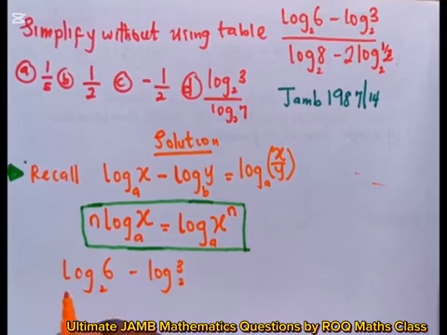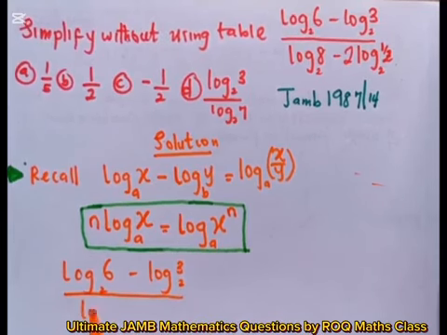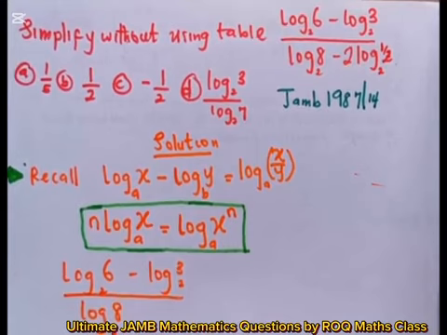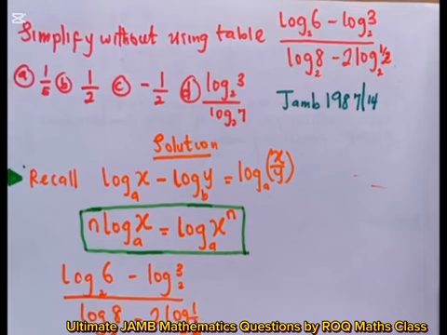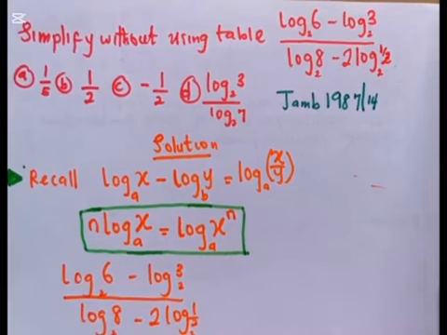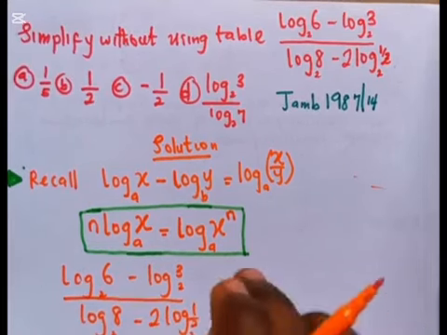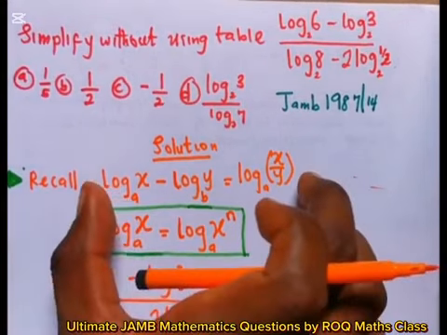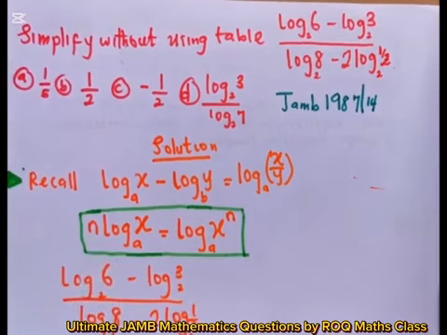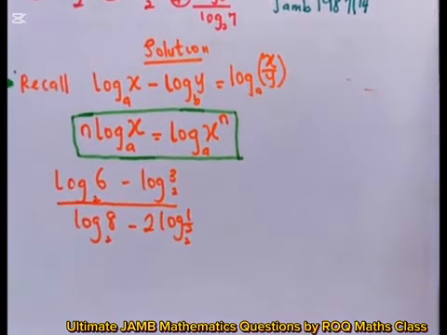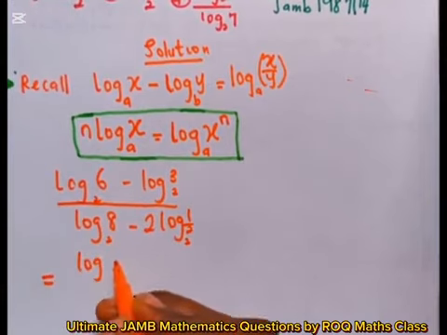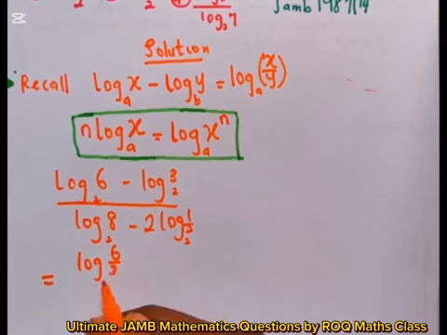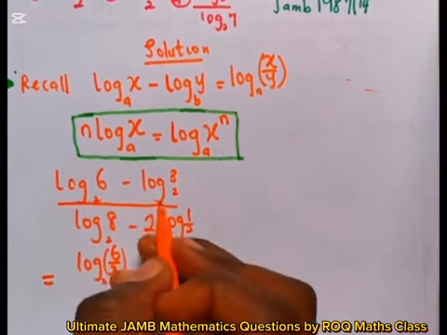2 minus the log of 3 base 2 all over the log of 8 base 2 minus 2 log of 1 over 2 base 2. Now, by using our law, we are going to have the log of 6 over 3 base 2, because they have the same base.